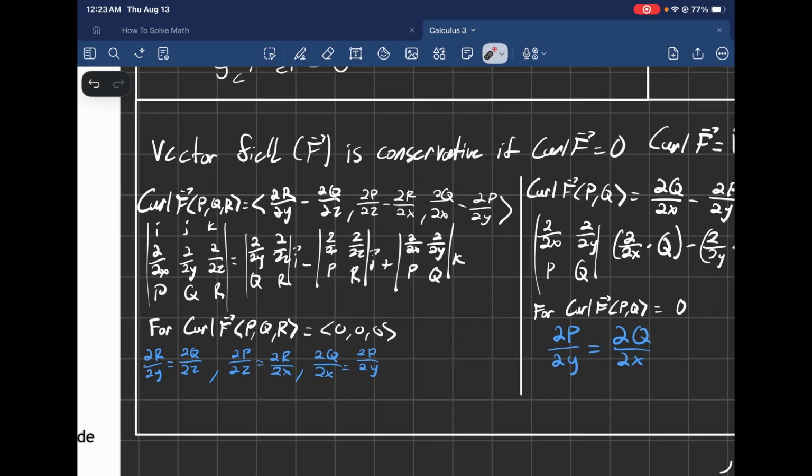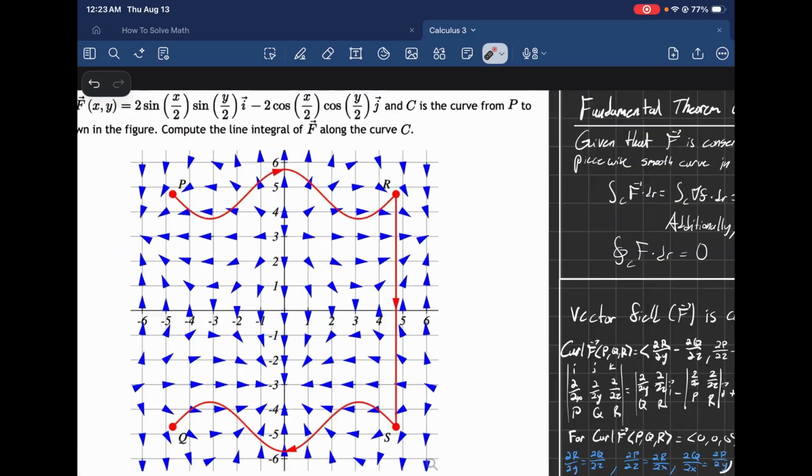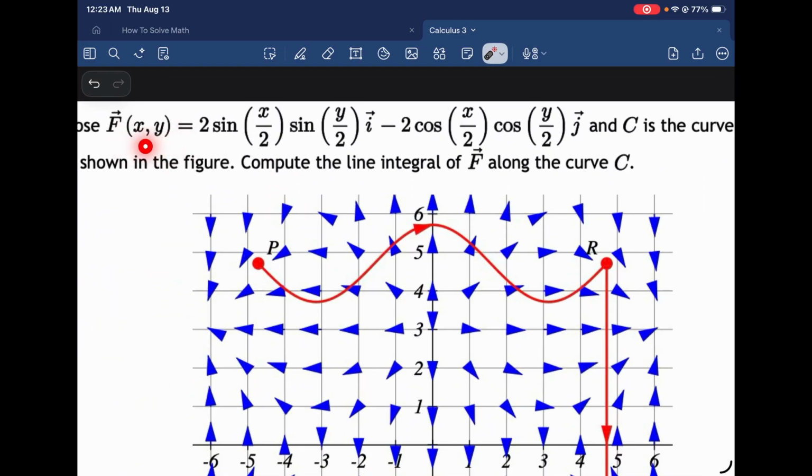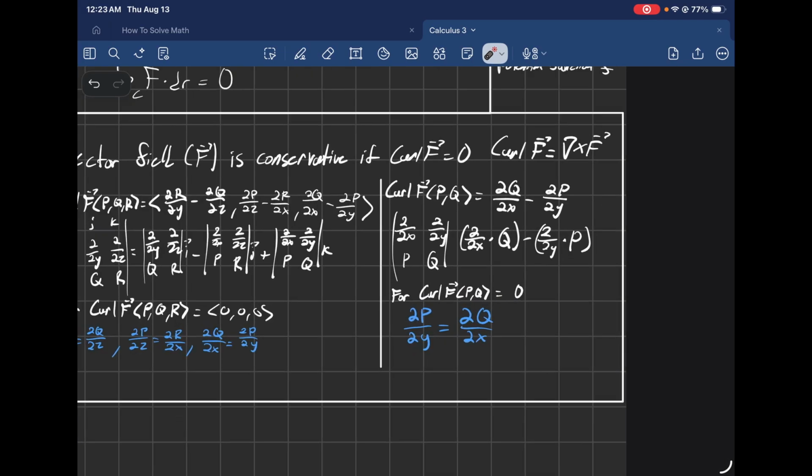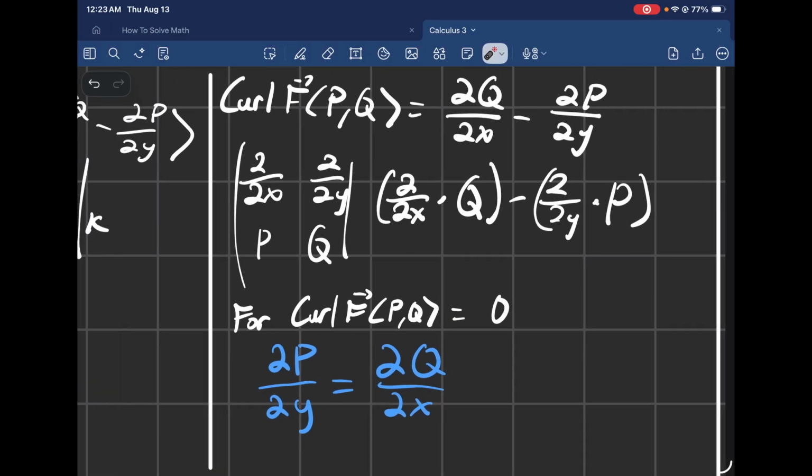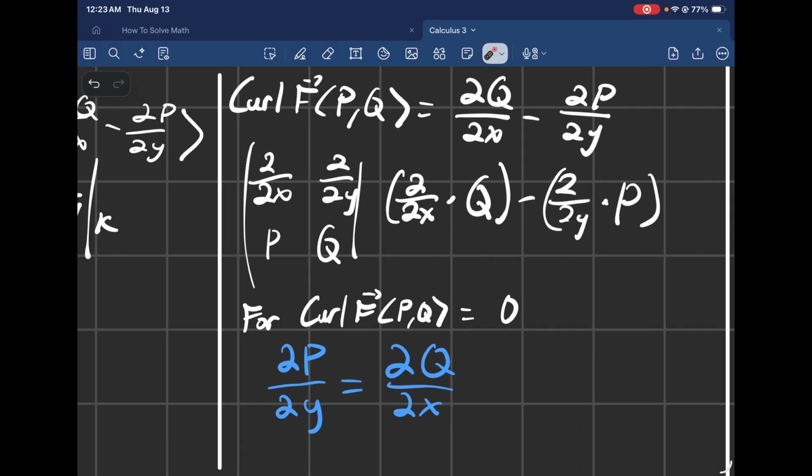But since our vector field is in 2D, and the reason I know this is because there are only two variables here, and also because it's made of the i vector and the j vector, we're going to use the curl of f for a 2D vector and try to find when it equals 0.